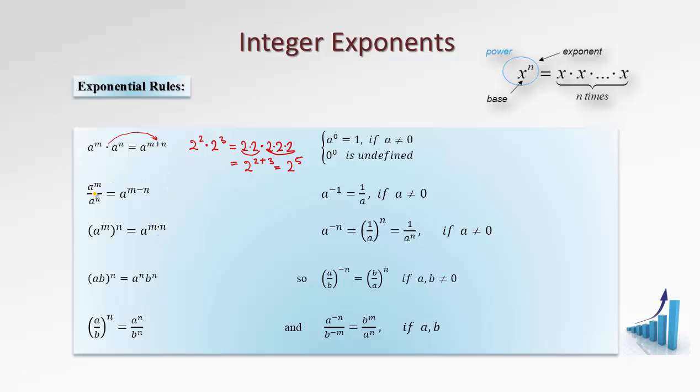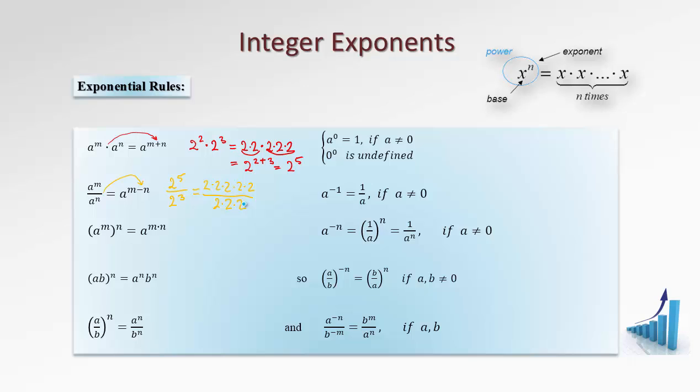Okay, a similar rule applies to division of powers with the same bases. We keep the base and we subtract exponents. So division translates into subtraction on exponential level. Again, we can justify this using a simple example like 2 to the 5 over 2 to the 3 and see what will happen. 2 to the 5 really means that I need to multiply 2 by itself 5 times. 2 to the 3, I have 3 2's in the bottom.